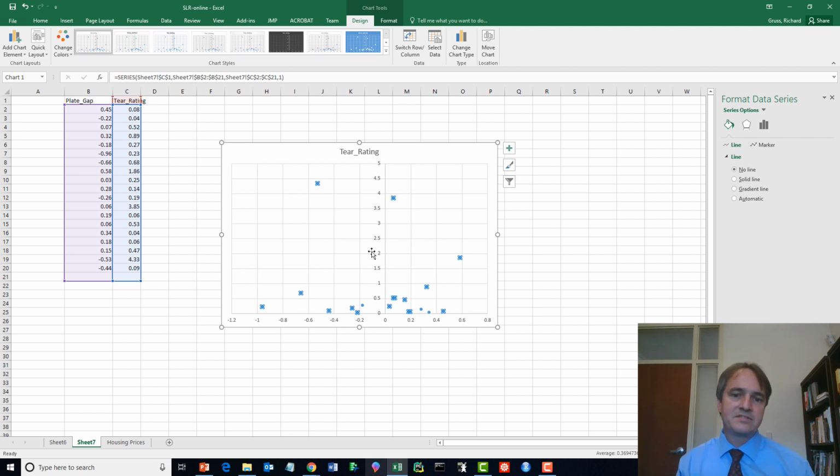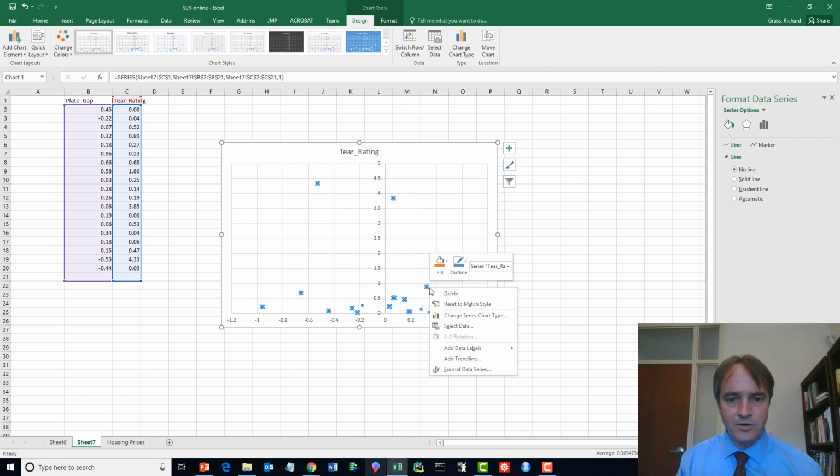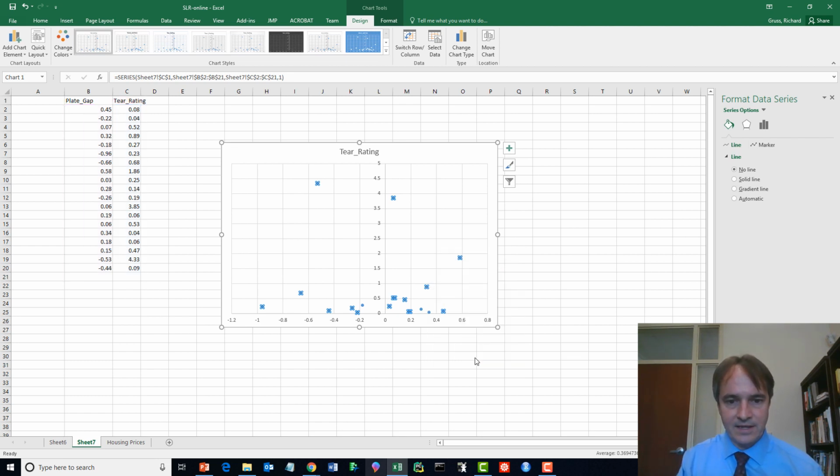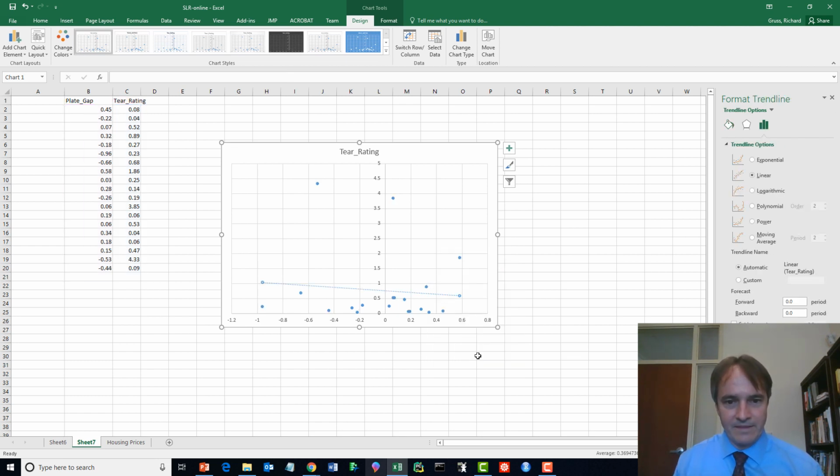It appears to be somewhat of a positive relationship, but if we were to draw a line here, add the trend line, it looks like it's kind of negatively sloped. But we'll see later that a model like this probably wouldn't be very useful in practice. But for now, we'll just go ahead and say, okay, well, this is how it looks, and this is what we have. So let's go back to the question.